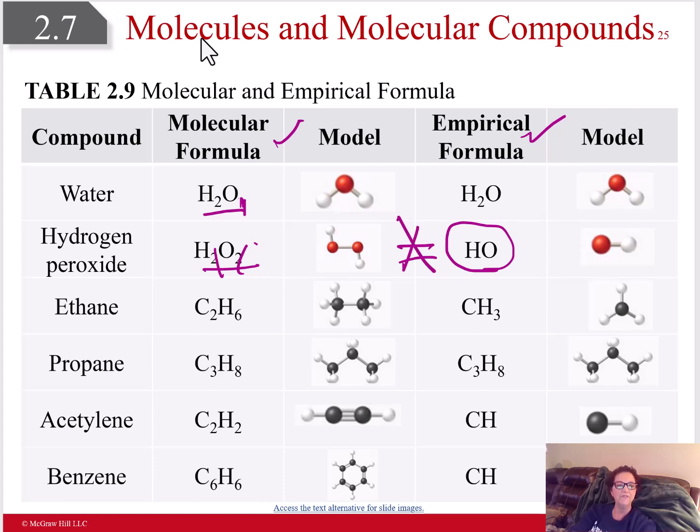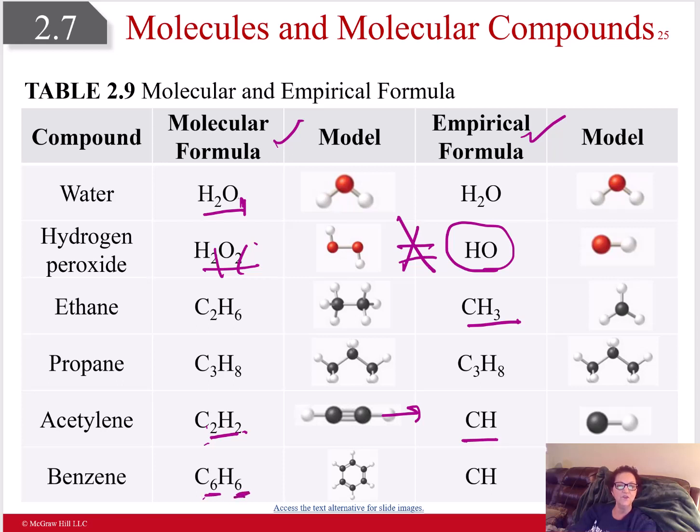So when you have the molecular formulas, they're going to be completely different compounds, but you can have an empirical formula that could be multiple things. For example, acetylene, which is C2H2, has an empirical formula of CH because you can divide both of those by 2. Benzene is C6H6.